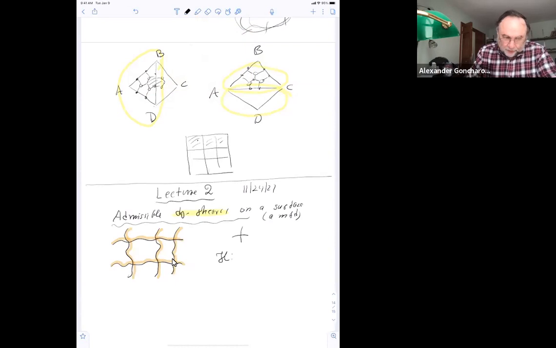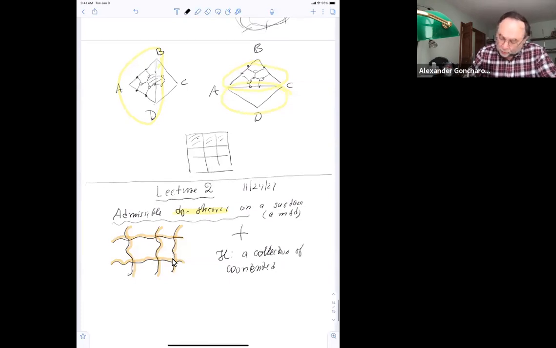Let's say that this H is a collection of co-oriented smooth, in general hypersurfaces, but in our situation curves, on an oriented surface. It's called S, and in generic position, as explained.